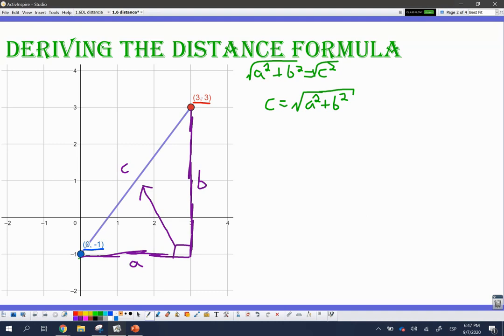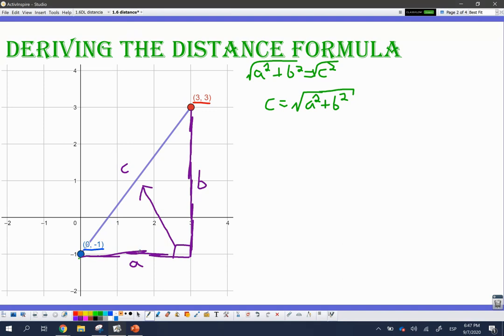Well, if you remember from our slope formula lesson, if I want to find the length of a horizontal or a vertical segment, sure, I can count the number of squares. But the other thing I can do is subtract the coordinates. I can subtract the coordinates to find horizontal and vertical lengths.